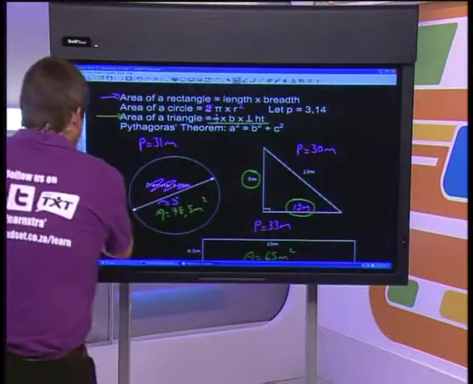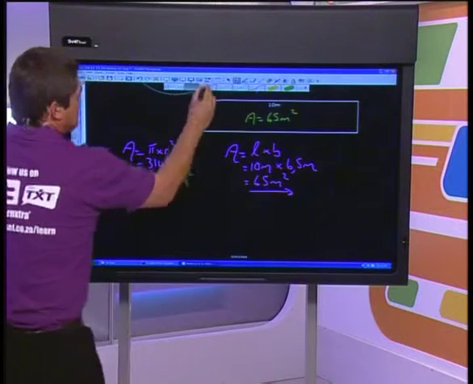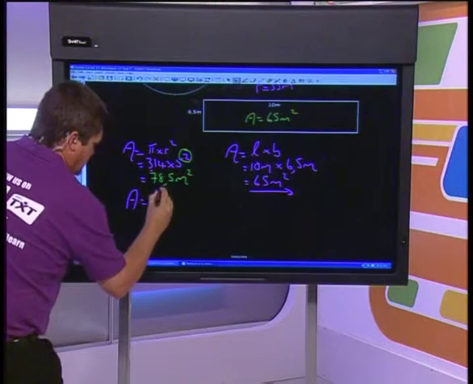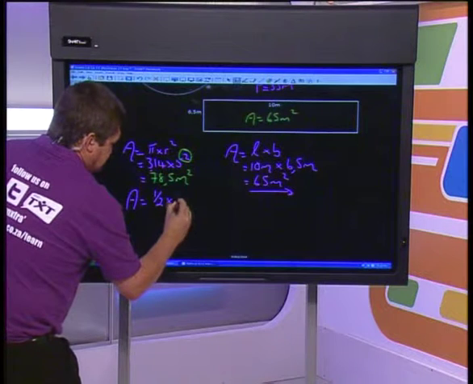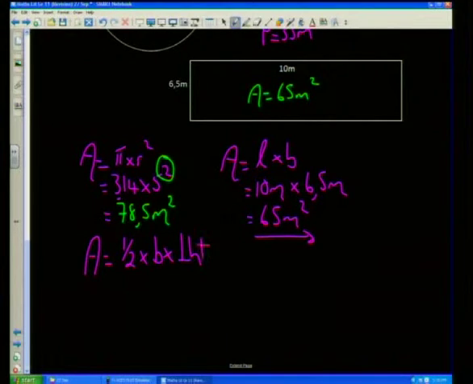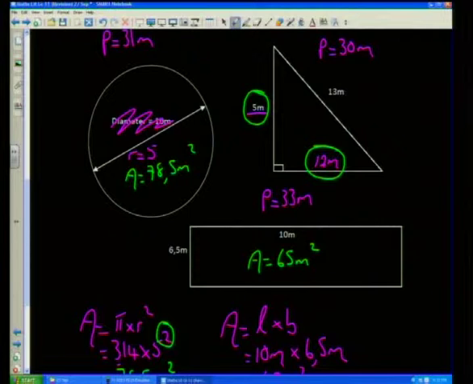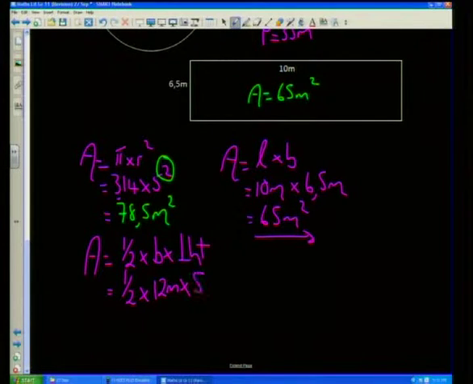So, area is equal to a half times base times the perpendicular height. Okay, half, what's my base? 12 meters. What's my perpendicular height? Remember, 5 meters. Okay, so times 5 meters.